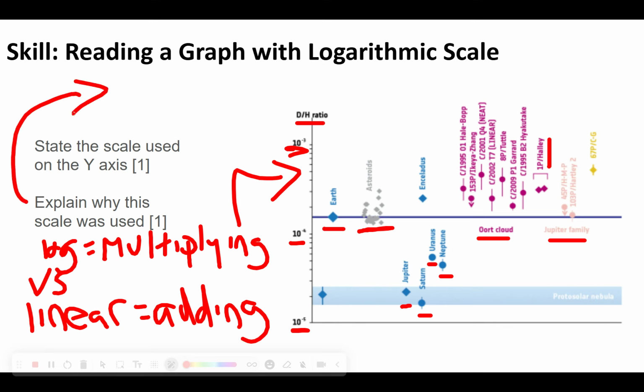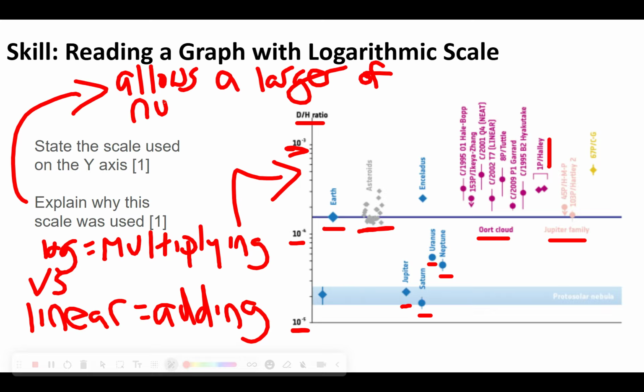We're looking at this second question here. A log scale allows a larger range of numbers. These ratios are super different, and they can all be expressed in the same scale, and the scale used is the log scale.